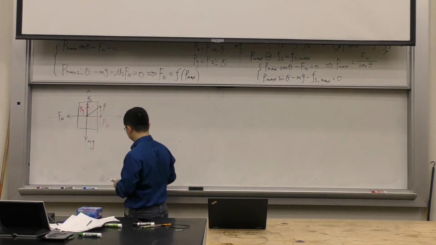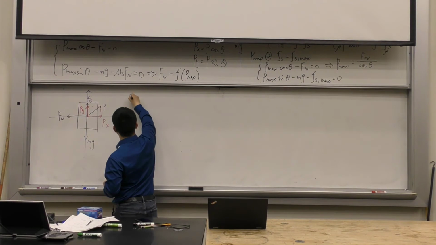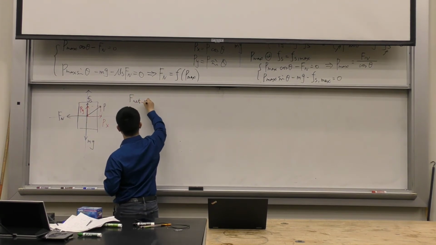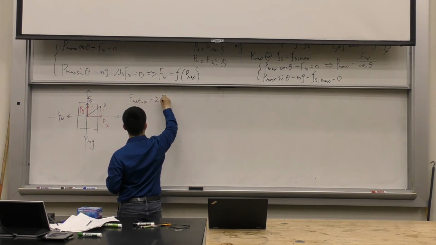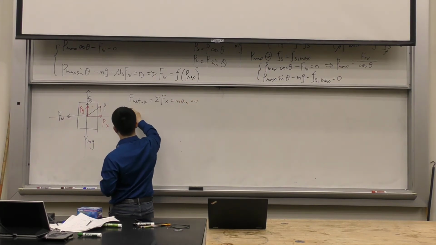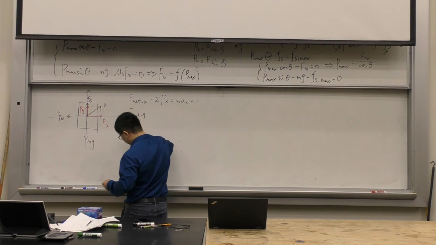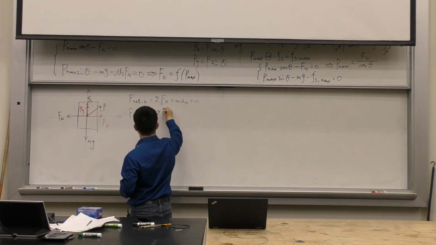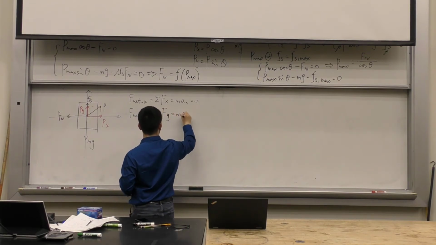Okay, you're going to still set up net force in x direction equals mass times acceleration, which is 0. And then you set up net force in y direction, mass times acceleration in y direction, 0.